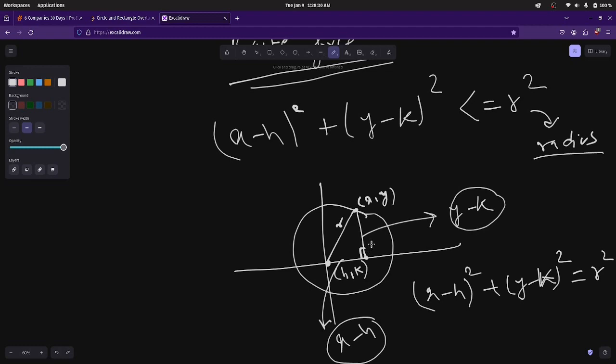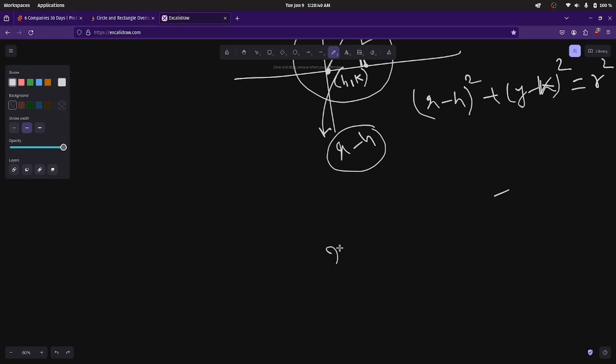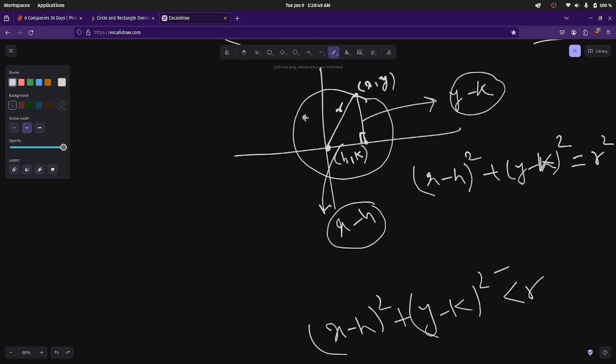This formula helps in understanding not only the points lying on the surface of the circle, but also inside. If x minus h whole square plus y minus k whole square is less than r square, that means that point is lying inside the circle.